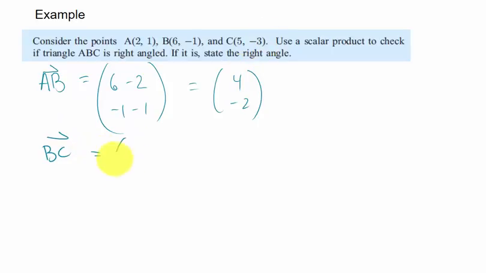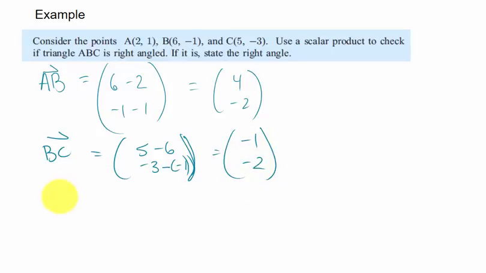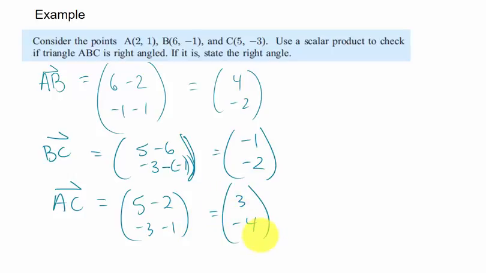BC is going to be 5 minus 6 and -3 minus -1. So -1 and -2. And AC will be 5 minus 2 and -3 minus 1. So 3 and -4.